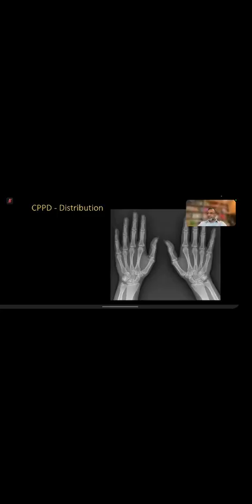That's how we differentiate. It looks like osteoarthritis in unusual places, but associated with large subchondral cysts. We call them geodes. Geodes we can see in rheumatoid as well, but if you see large cysts, we look for or think of CPPD. So what is the distribution?